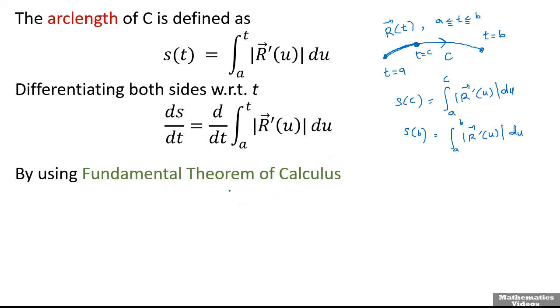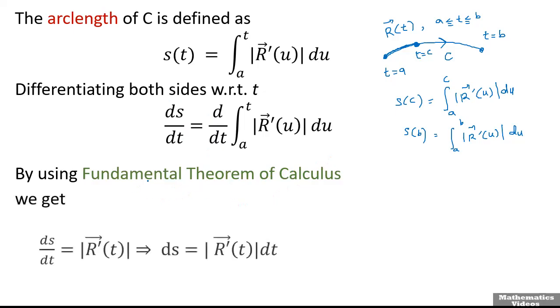By using this theorem we get ds by dt equal to the magnitude of r prime of t, where we have applied the fundamental theorem, and from this equation we get ds equal to the magnitude of r prime of t dt, where I have used the definition or the chain rule, ds by dt times dt, this is just equal to the differential of s.